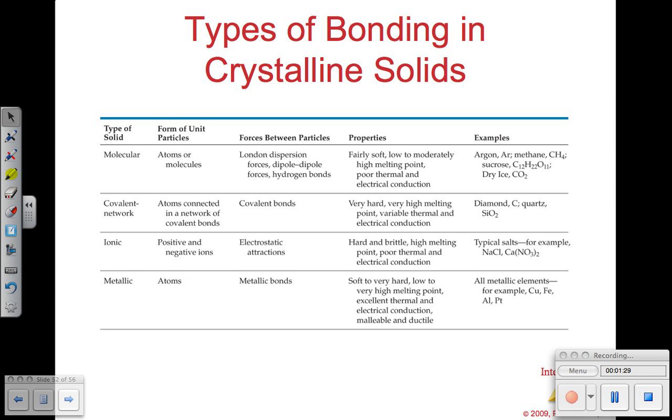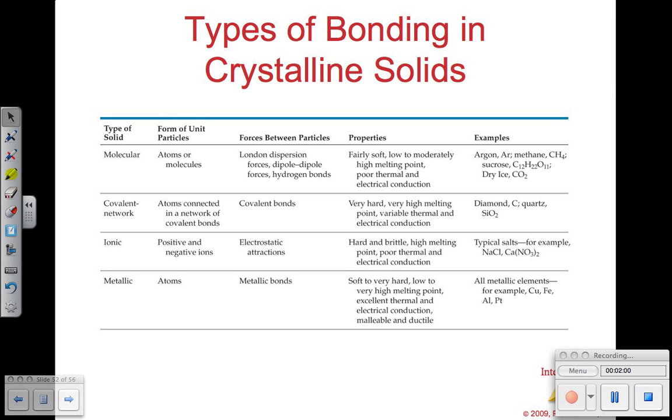Let's move on to covalent networks. Covalent networks are made up of atoms connected in a network of covalent bonds. So the forces between the particles holding it together are all covalent bonds. And these are very, very hard compounds, with really high melting points, and whether it's going to have any type of conduction, thermal or electrical, really depends on the specific substance.